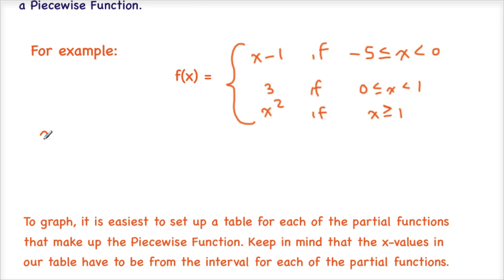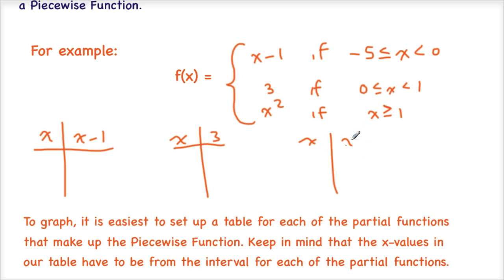So if I set up a table for each one of these, I have x and x minus 1, and then we'll have x and f of x equals 3, and then we'll have x and x squared. I'm going to keep an eye on my intervals here to see what values to plug in for x. So here I have from -5 included to 0.